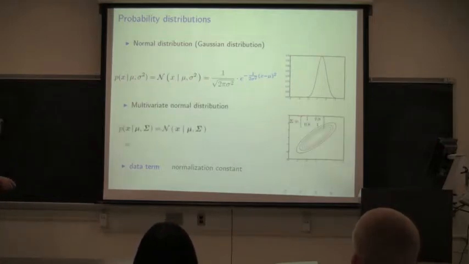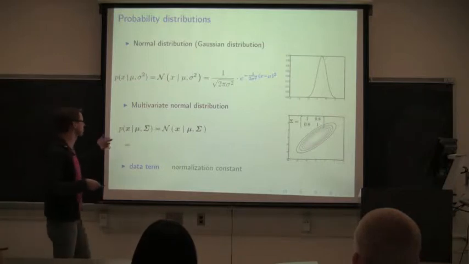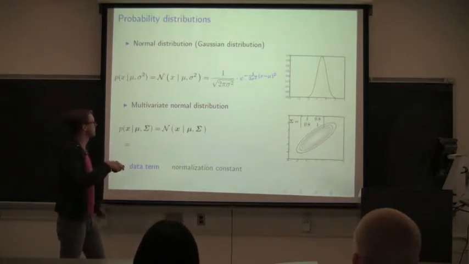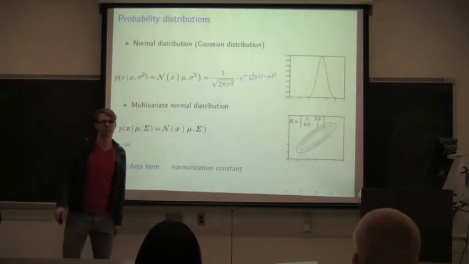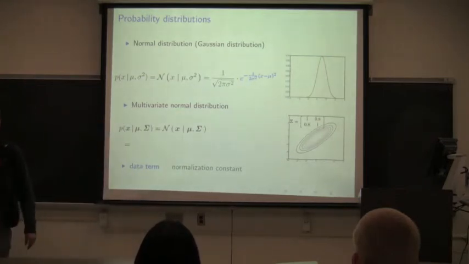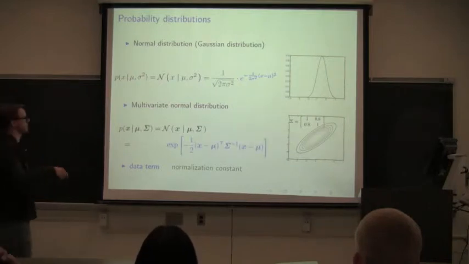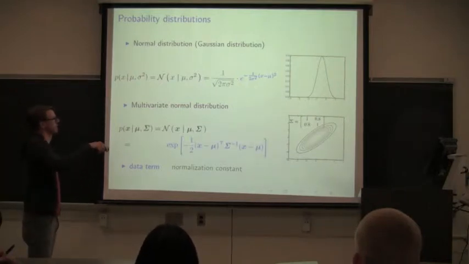And there's a multivariate normal distribution. In the multivariate normal distribution, all the constants are replaced by vectors except for the variance. The variance is now a matrix, a so-called covariance matrix, but the terms look very analogous.